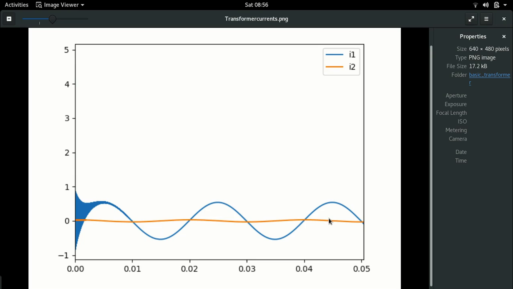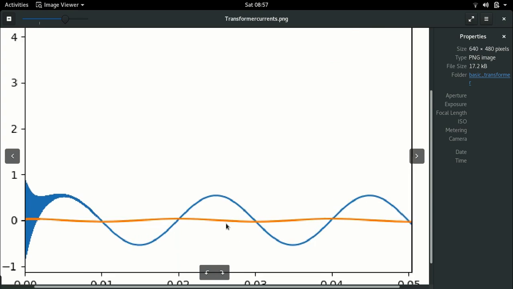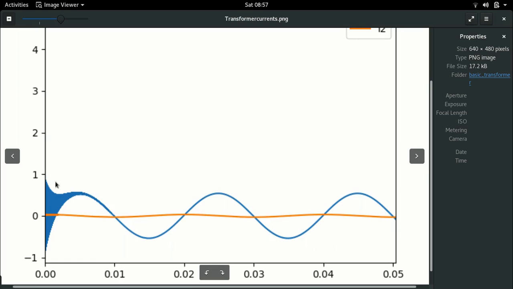The reason is that our load resistance is very large, so we have a very low load. But even in that case, the primary is drawing almost 0.75 amperes of current, right? This current, drawn by the primary even when there is negligible load, is the magnetizing current of the transformer, right?